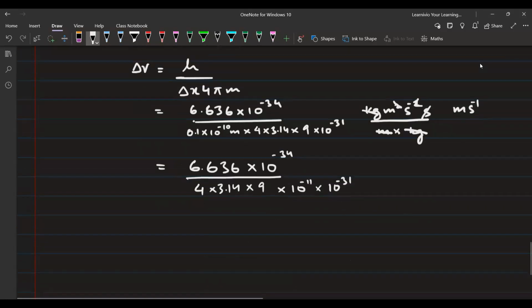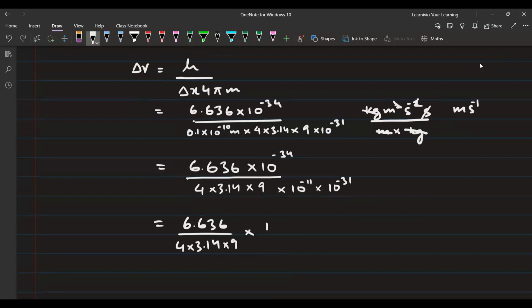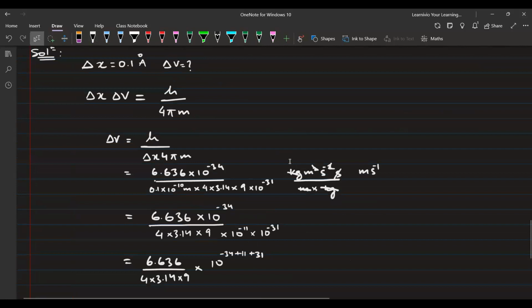So our value will be 6.636 divided by 4 into 3.14 into 9, into 10 to the power minus 34 minus 11 plus 31. You do it. Try to approximate the value. The exponent of 10 should be exact, obviously, but the numbers can be approximate.